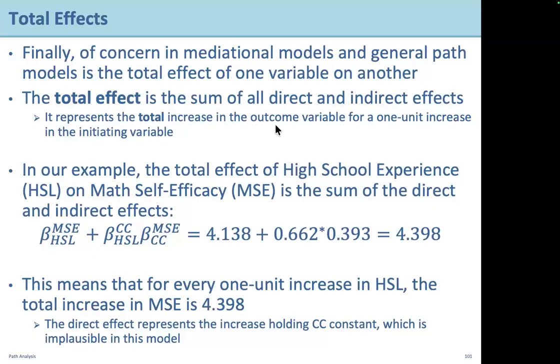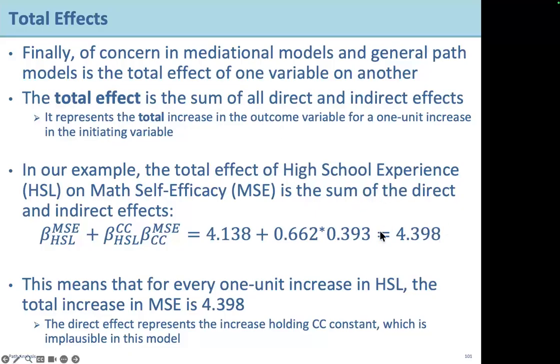But because we have both direct and indirect effects in ours, we want to quantify the total, because we might want to characterize the overall impact of high school experience on math self-efficacy. So we add together the direct effect and the indirect effect, so we get the total effect.